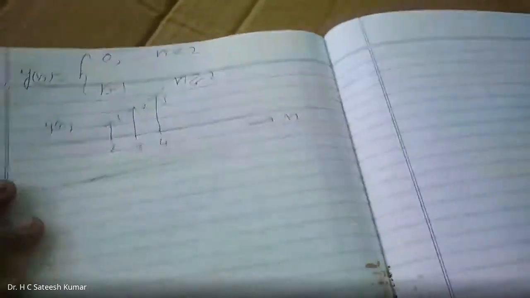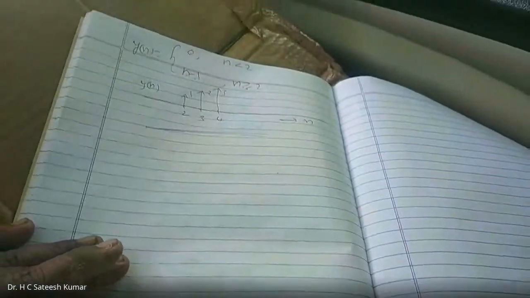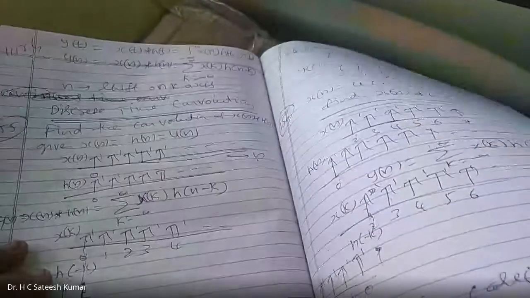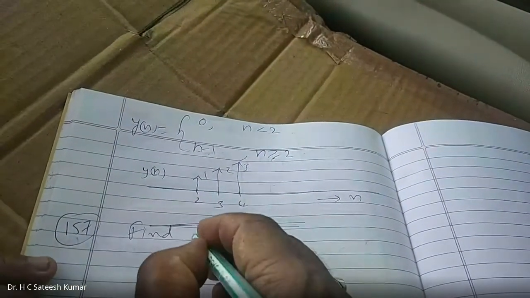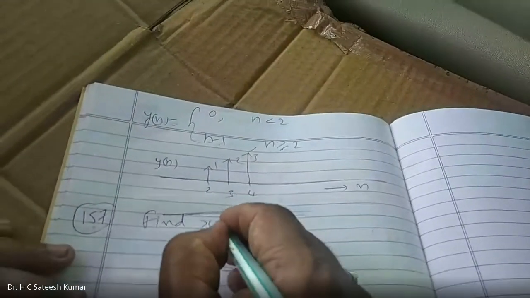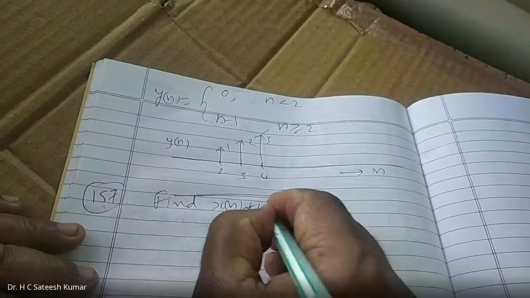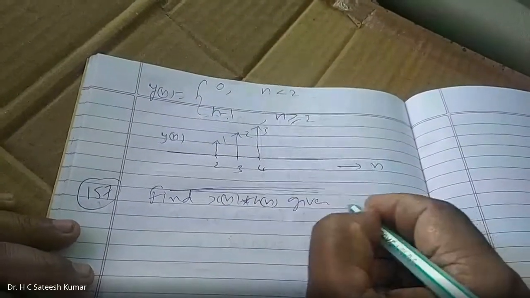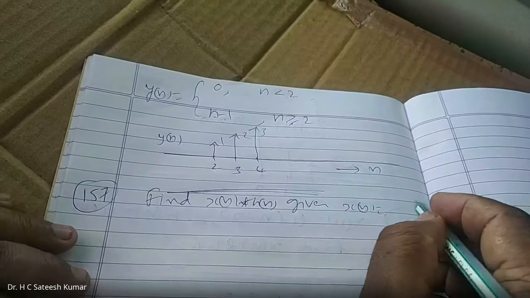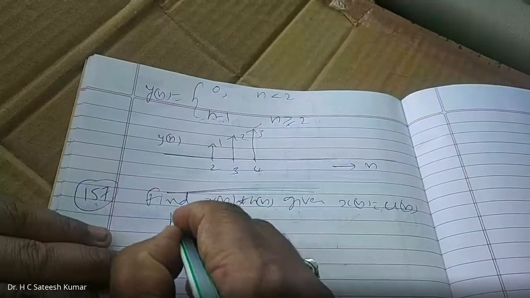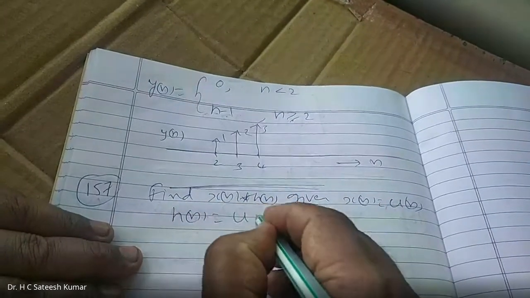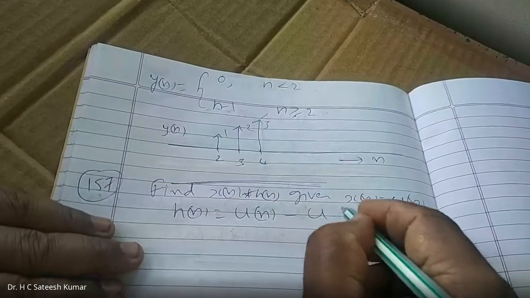Now let us go for one more problem wherein one is finite, another one is infinite. Problem 157. Find x of n convolution with h of n. Given x of n is equal to, let us say, u of n, and h of n is equal to u of n minus u of n minus 5.